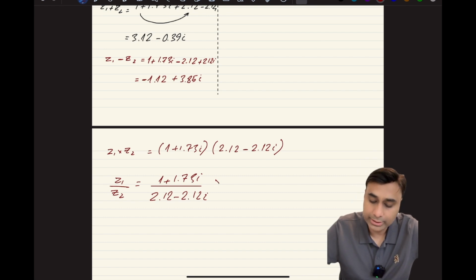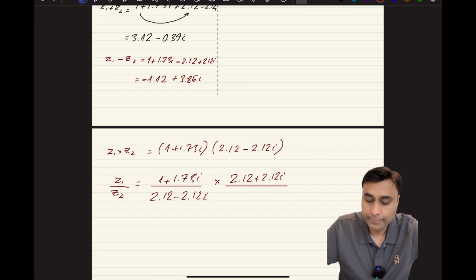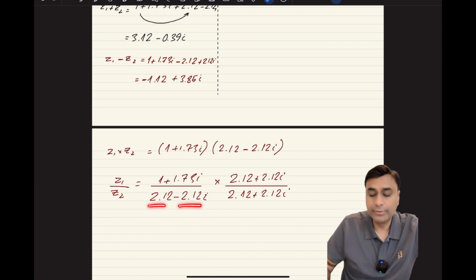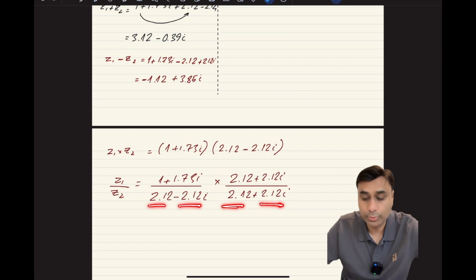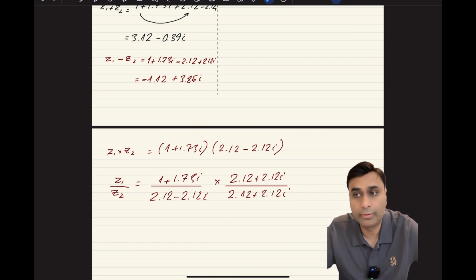I'm going to have to multiply and divide by the conjugate of the denominator, so 2.12 plus 2.12 iota divided by 2.12 plus 2.12 iota. I can again simplify this by multiplying each term. For the denominator, my simplification could be easier because I can directly apply the formula a square minus b square. I'll get a real part in the denominator, but this is going to be a pretty lengthy working. At least this helps you identify how much working that would be.